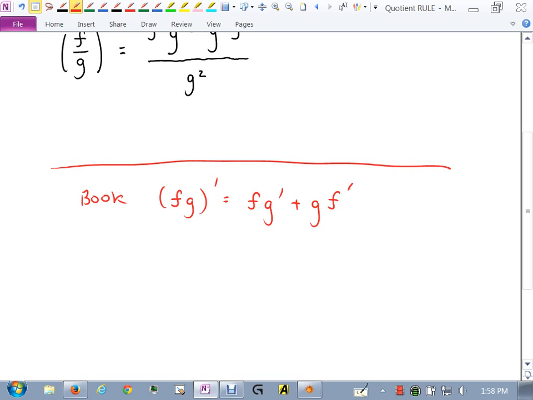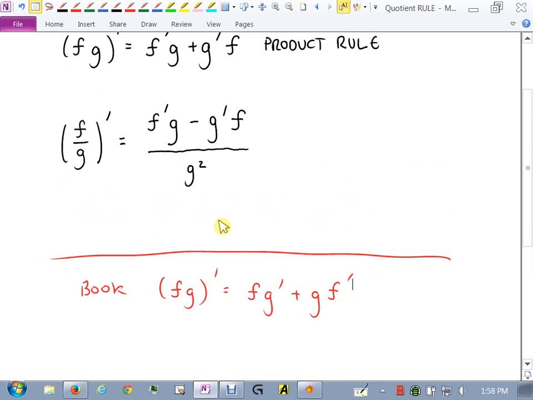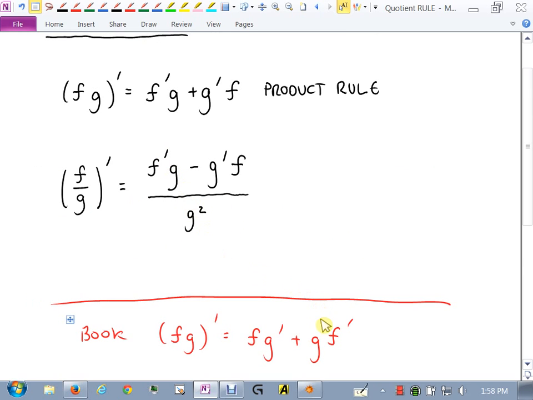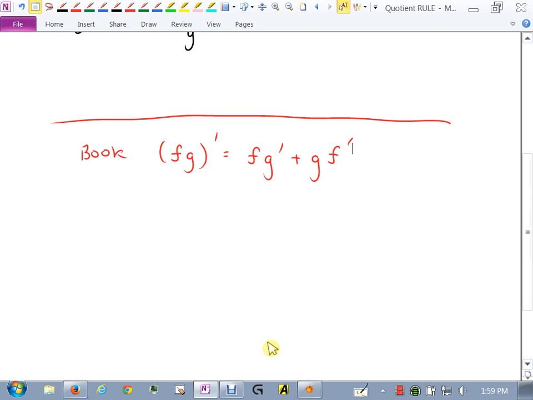Now, is that the same answer as what we have? Yes. They just switched the order, right? Like the addition. So f prime g, that's this, plus, so there's their plus, g prime f, they have fg prime. So it's the same thing, just kind of rearranged. Okay, and then for quotient rule, they have this.